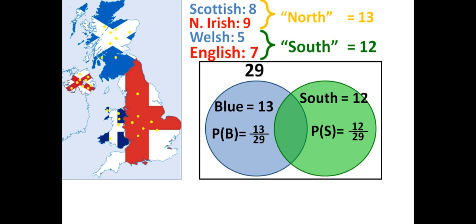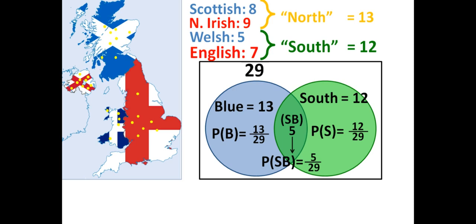We can see in this Venn diagram that there is some overlap, specifically Welsh people belonging to both groups. And the probability of drawing somebody from this sample that is from the south and a nation with blue in the flags would be 5/29.